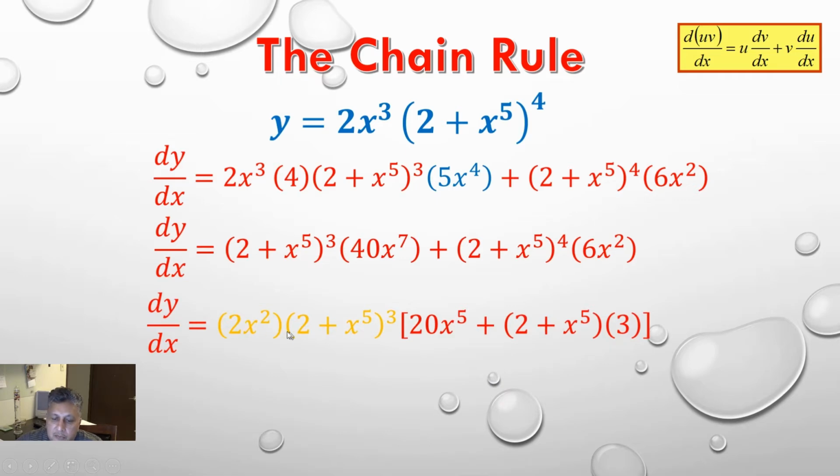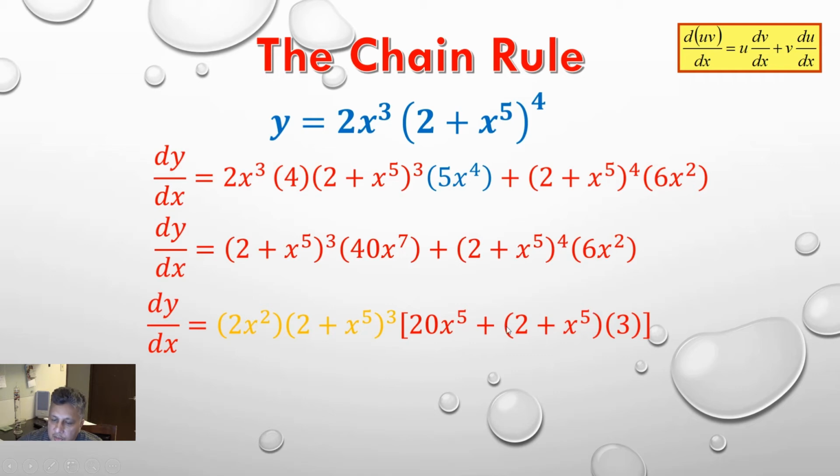If we were to divide this back into there, let's start off with this. Anything divided by itself will become 1, and this into 40x to the 7 will give you 20x to the 5th right there. Okay, and then again I'm going to divide this into there, and when you subtract 3 from 4 you'll get 1, so this is to the power of 1.